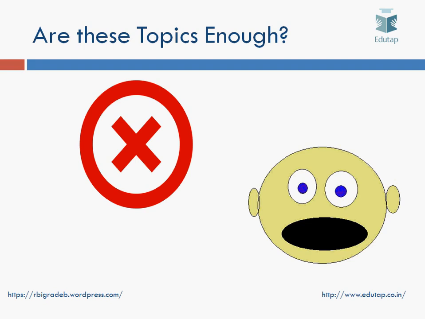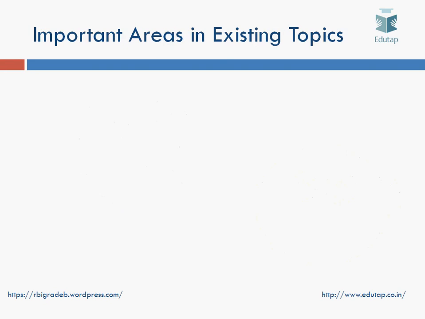But on the whole we feel that these are the topics which one should cover to feel comfortable for the exam. Even if RBI gives you a surprise, that would be a surprise for all, and you would be better placed than everybody else.